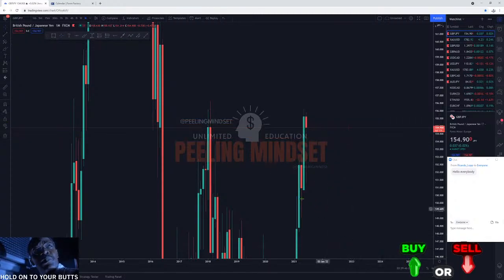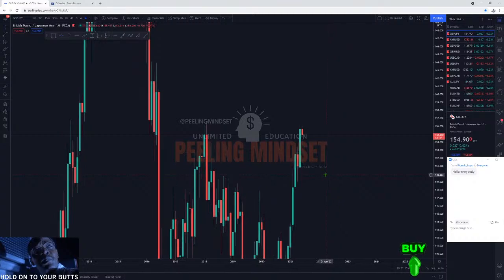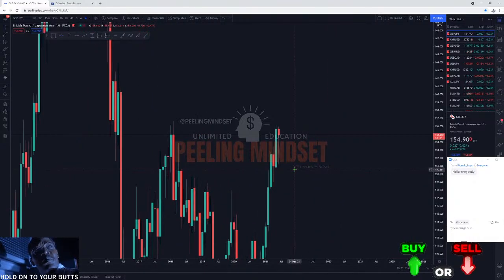if I erase everything in pound yen, it looks like the current monthly candle is rejecting that bottom price support very hard at this point in time. I'm getting crazy messages on my phone, so I'm about to mute it because I don't want to be distracted.